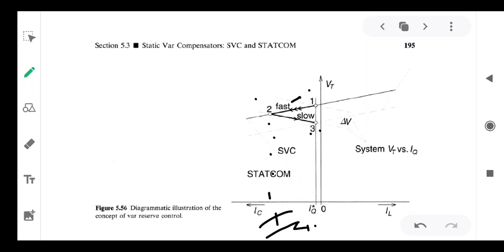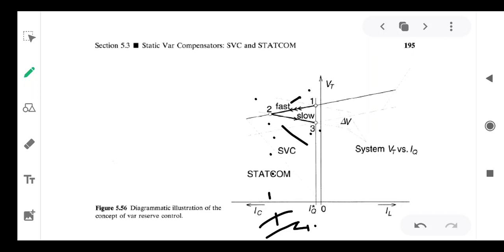So this is the fast acting from point 1 to 2. Fast acting, it operates as a voltage regulator and brings the system back very fast. And from point 2 to 3, it is slow acting. From 2 to 3, the compensator will act slowly with the help of the slow acting integrator and bring the system back to point 3, corresponding to point 1 at IQ reference.